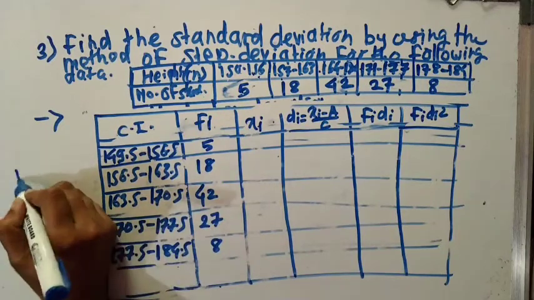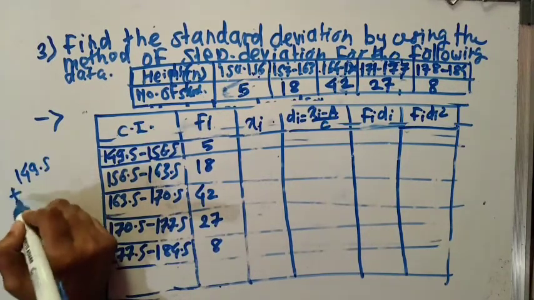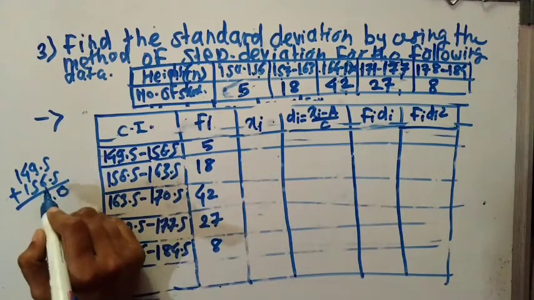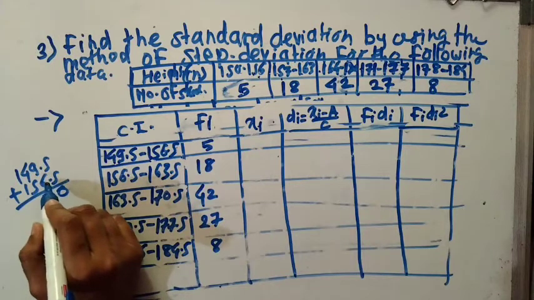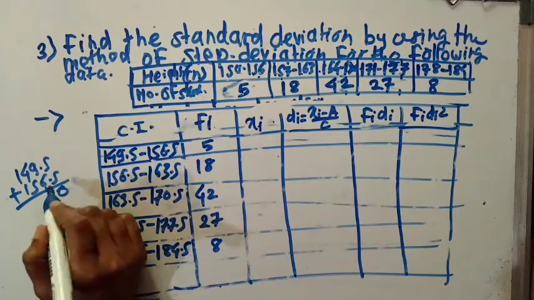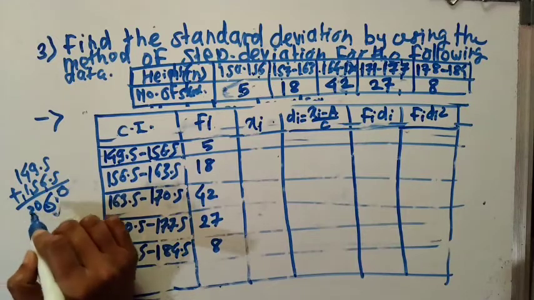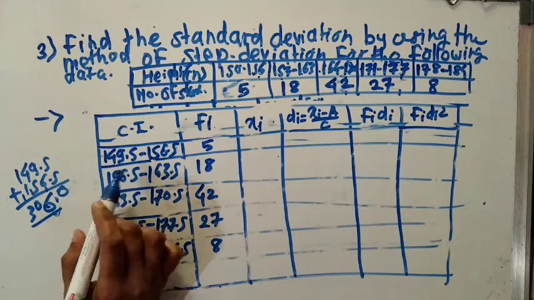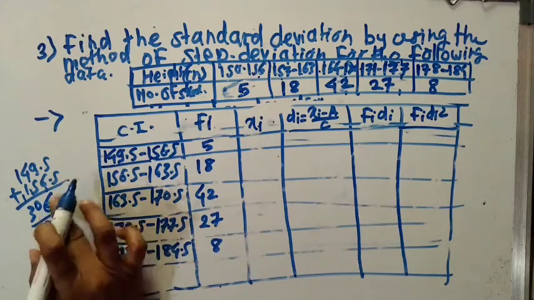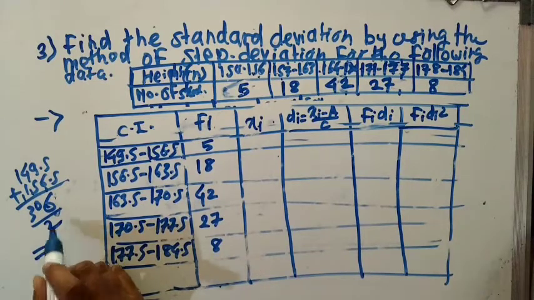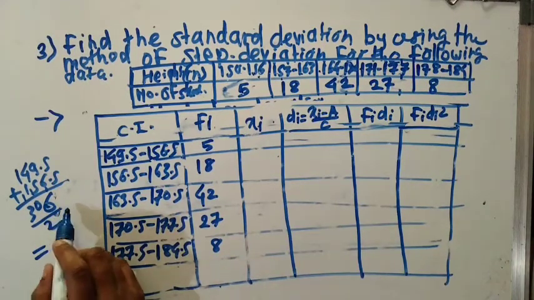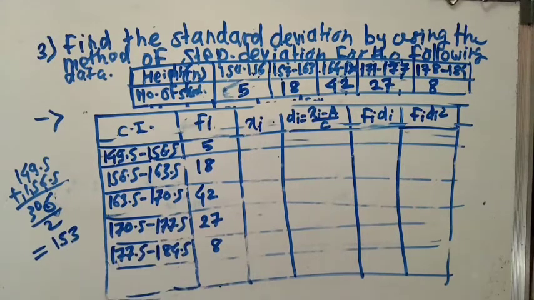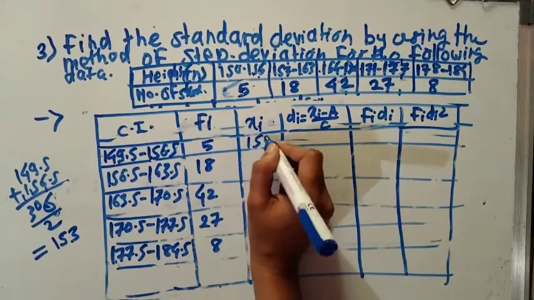Find out the mid value of this: 149.5 plus 156.5 is 306 upon 2, which gives 153, this is the xi.